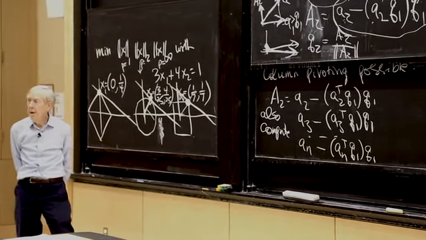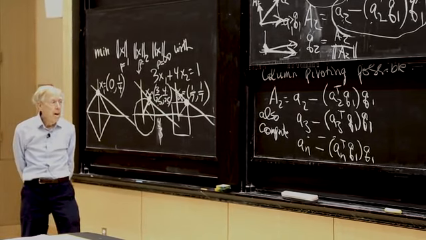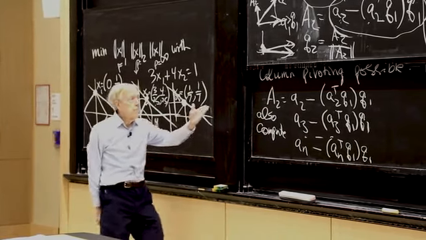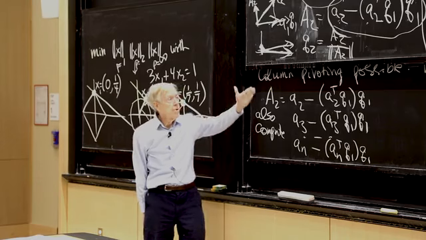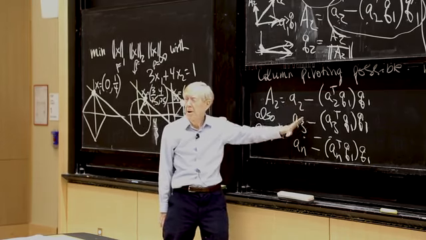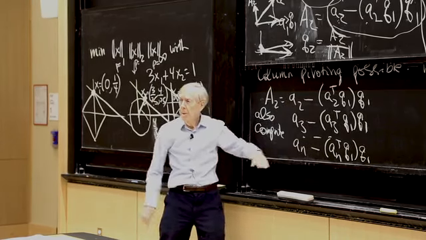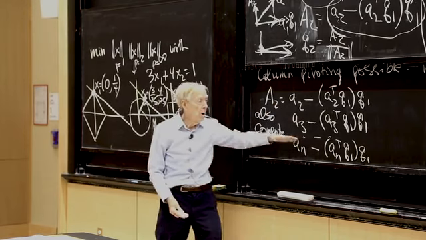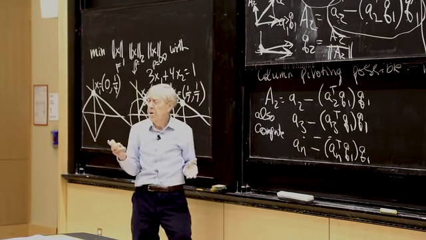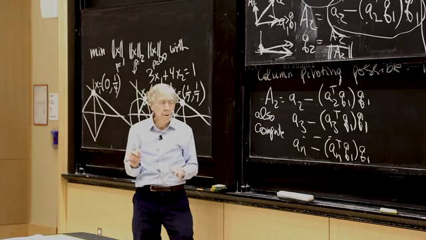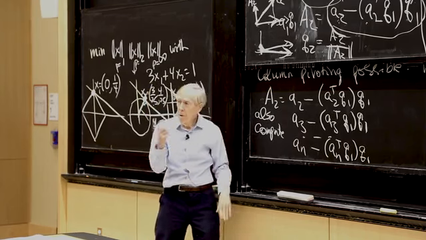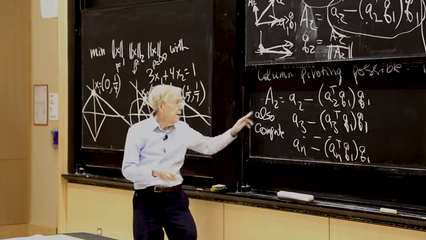And now what will be my policy? Standard Gram-Schmidt accepted this one and didn't look at these. But now I'm going to look at them all, and I'm going to take the largest. That will be the A2 that I want.